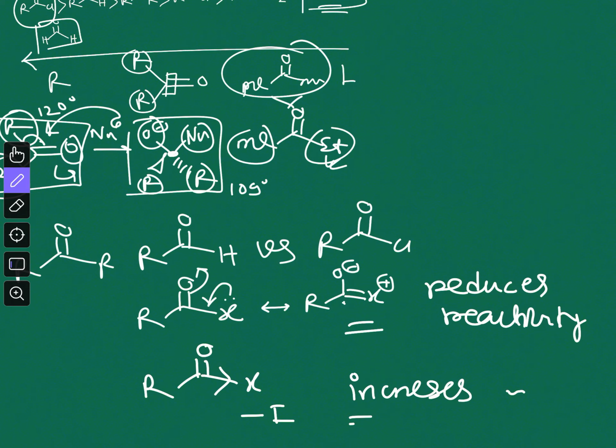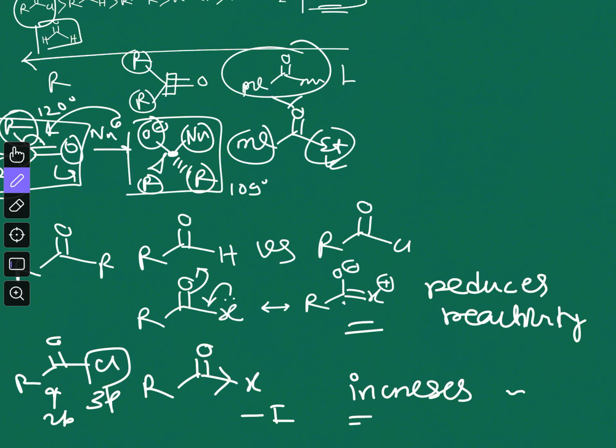To decide what will be the final effect or the final conclusion, we have to see which effect is more important. Now in case of acid chloride, chlorine has a stronger minus I effect than plus R effect. The plus R effect of chlorine is not that strong because the overlap is not good here. Chlorine has a 3p orbital whereas carbon has a 2p orbital, so overlap is not good, and that's why the plus R effect is less efficient here.